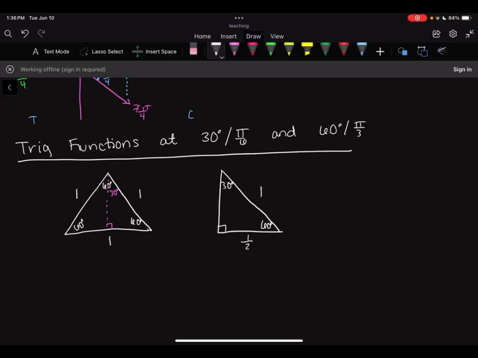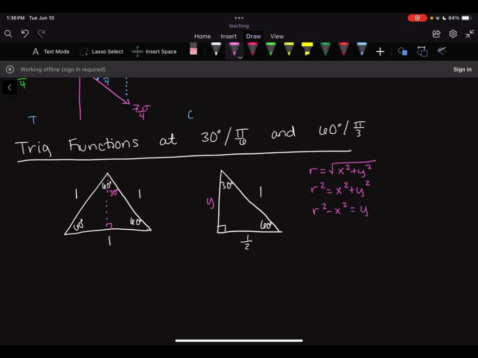And now I got to go find the other side. So I know that r is equal to square root of x squared plus y squared. But I want to solve this for this side that's missing over here, so I need y. So I get r squared equal to x squared plus y squared. r squared minus x squared is equal to y squared.